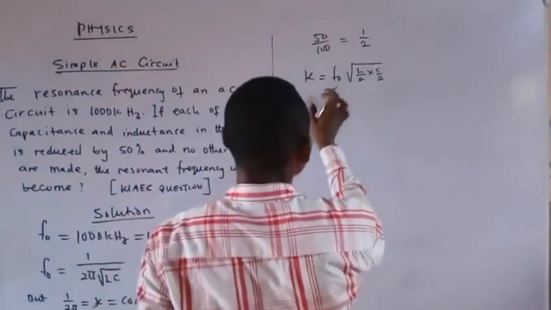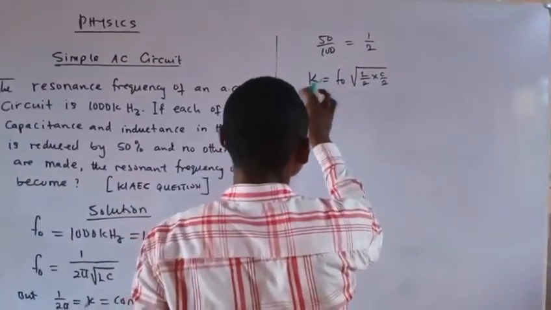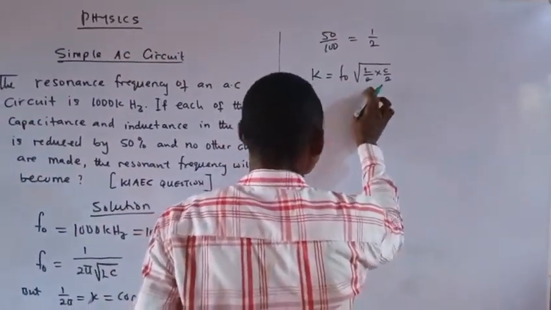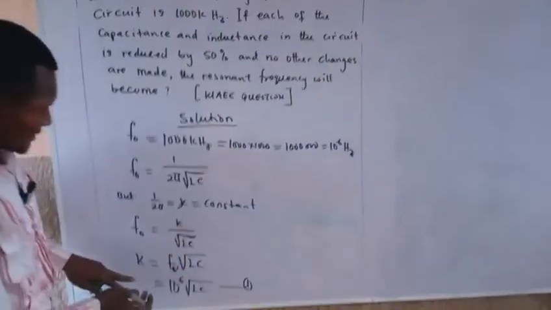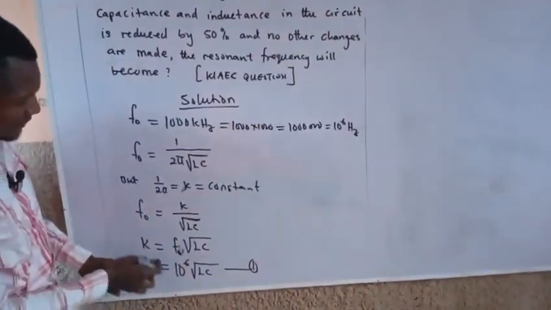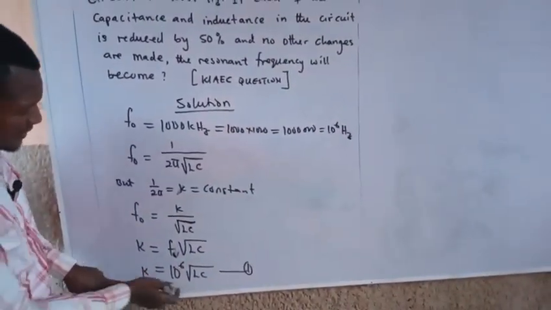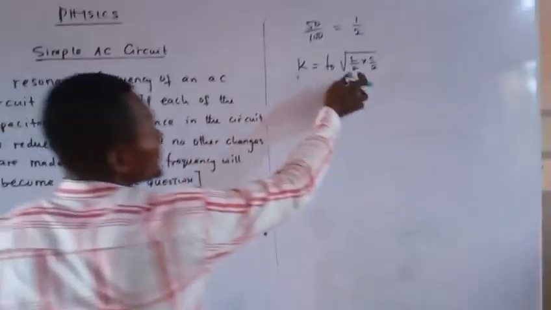Now, we can equate the two together. F0 and the F0, the K that we have gotten here. Both of them are values of K. So K equal to this, and then K is also equal to this.